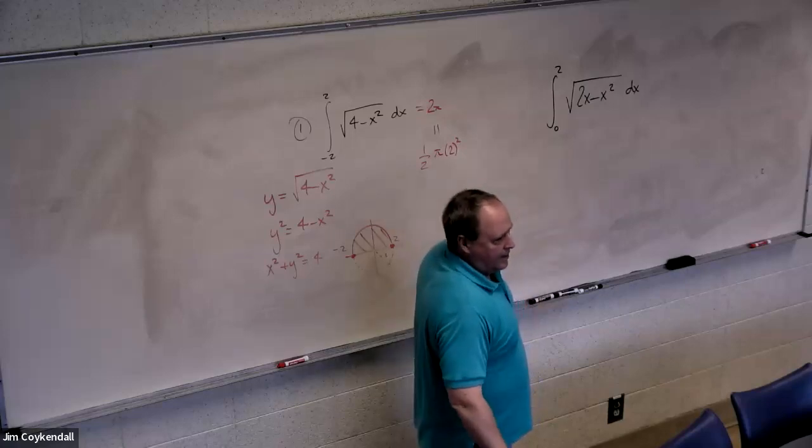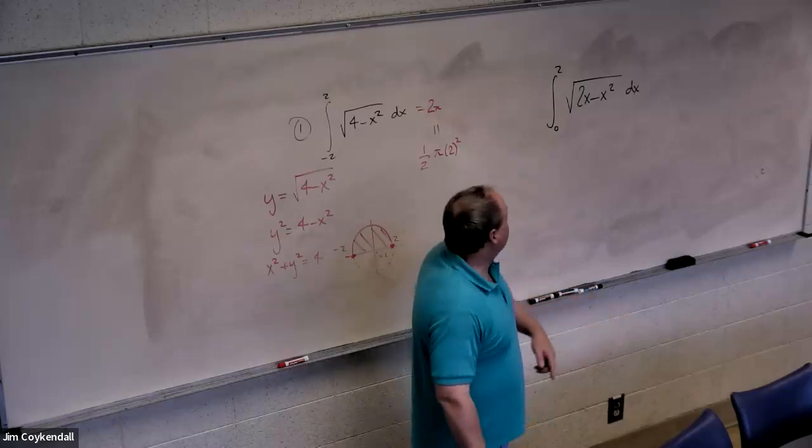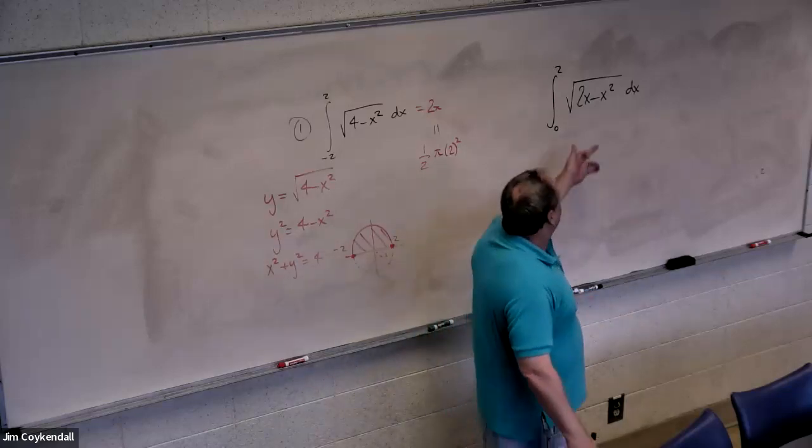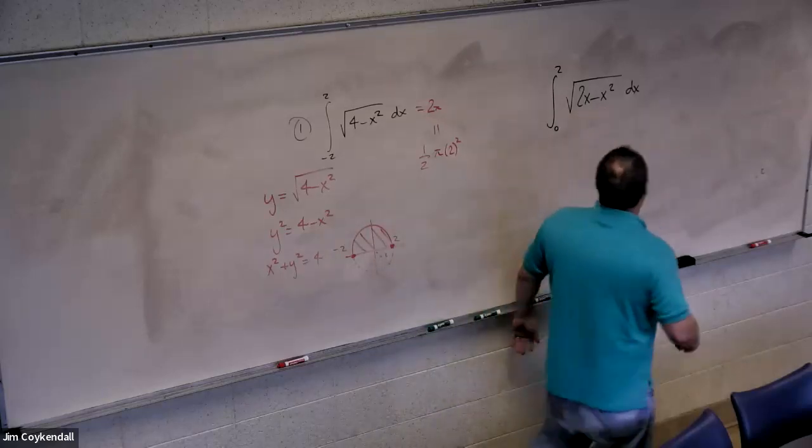Actually, it's not the limits. Yeah, let's do that one. Okay. Hang on to your thought about the limit. Do that one too. This is a circle as well. It's harder to see. Like this requires a little work.